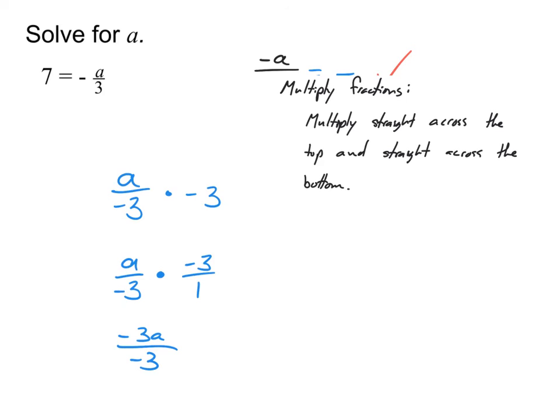And anytime you have something in both the top and the bottom of the fraction like that, it can cancel out. That's because negative 3 divided by negative 3 is just 1. And therefore, when we cancel those out, we're just left with a over 1, which is a, because anything divided by 1 is just itself. So that's why multiplying by the negative 3 did indeed cancel out that negative 3 that was in the denominator of the fraction.